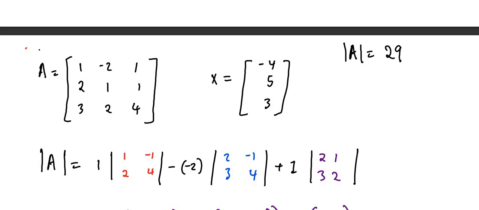We keep it there. After finding the determinant of the matrix A, we're going to be replacing each column by the constants matrix on this side. So these were the coefficients of x, y, and z. We're going to create 3 more matrices.